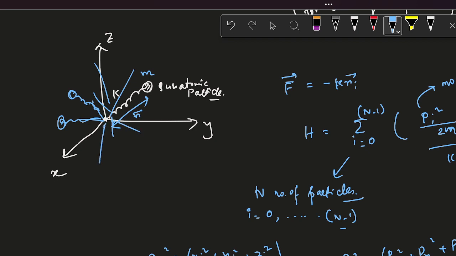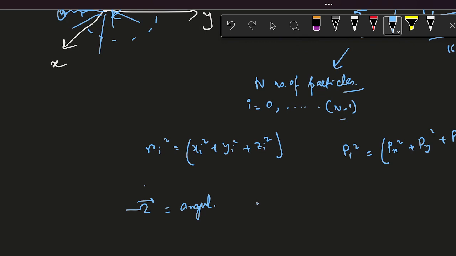All these directions are possible in 3D, and it's as if the particle is not only having a spring type of motion which is giving rise to this force and this energy, but also it can have a rotational kind of motion, because it can rotate throughout the coordinate system in any direction. So that rotation will involve an angular velocity for the particle.